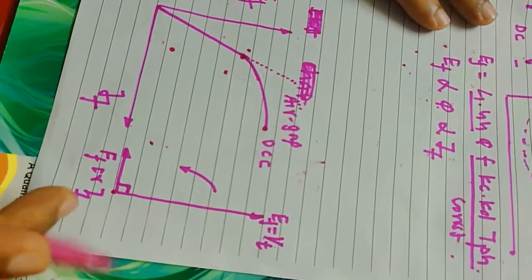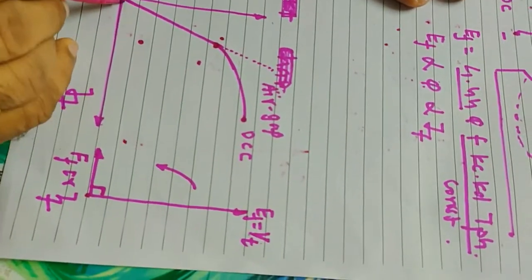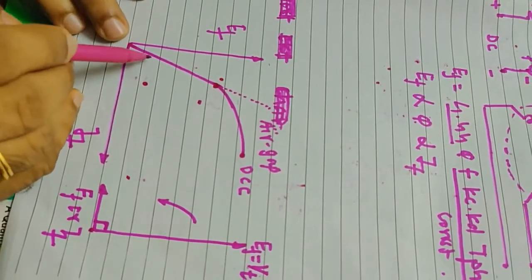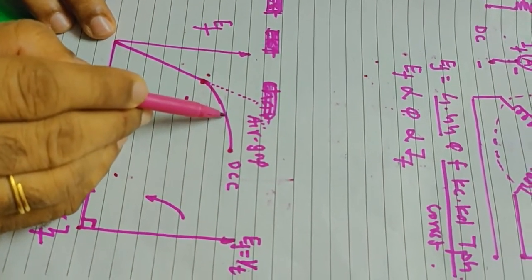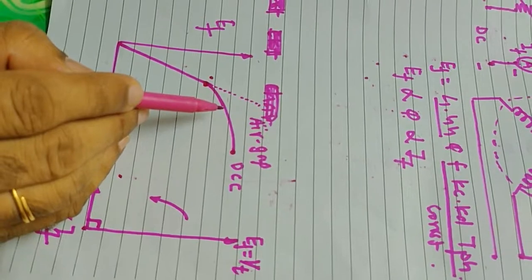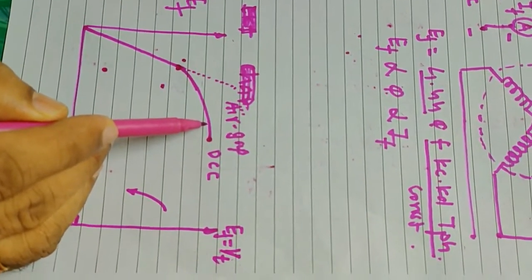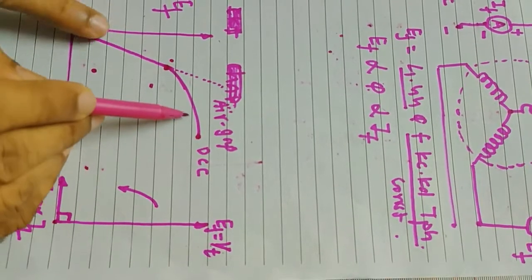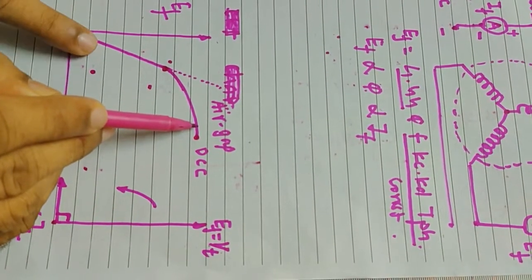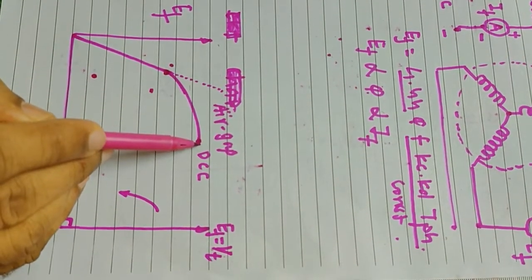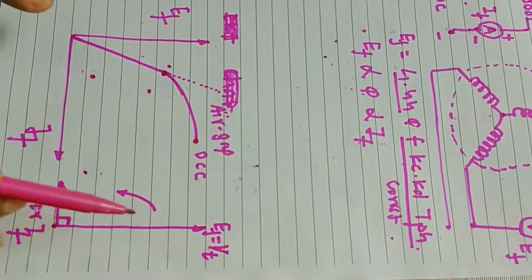In the open circuit characteristics also, you can take a maximum voltage of 125% of the rated voltage in the open circuit test. If you increase excitation beyond that voltage, there is breakdown of insulation.